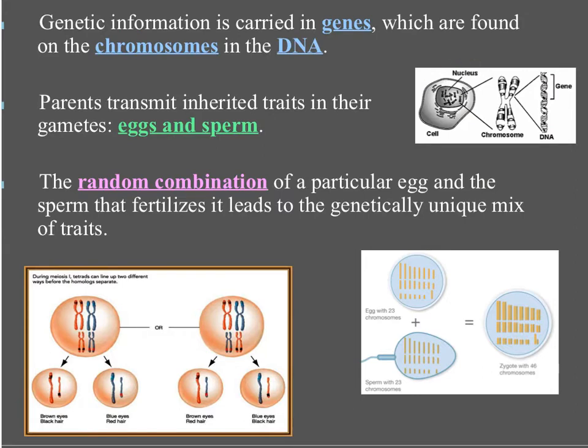So from our last lesson, you would know that parents transmit inherited traits through their gametes. So you would get an egg from mom and a sperm from dad. And so that's what you see over here. We see an egg with 23 chromosomes and a sperm with 23 chromosomes.